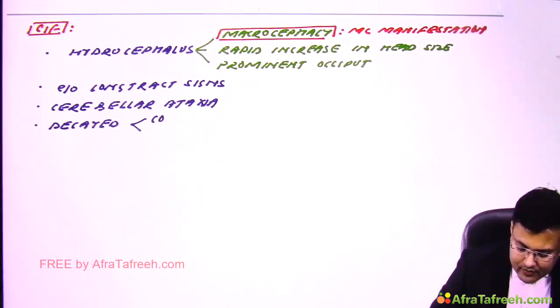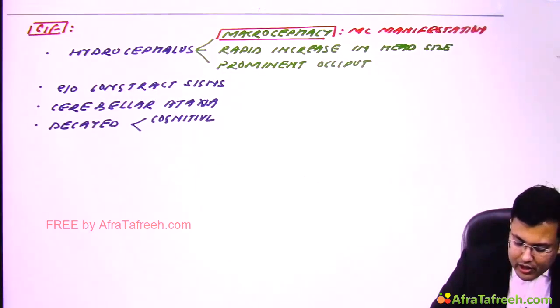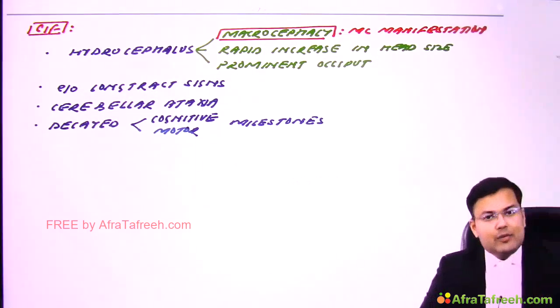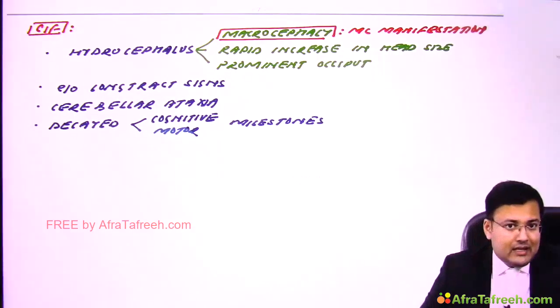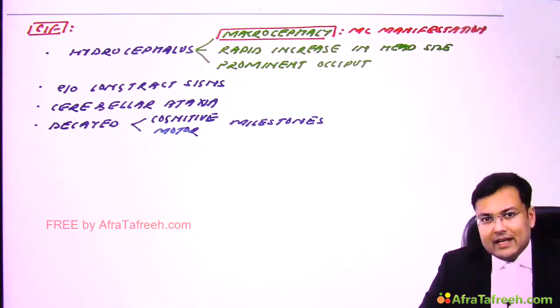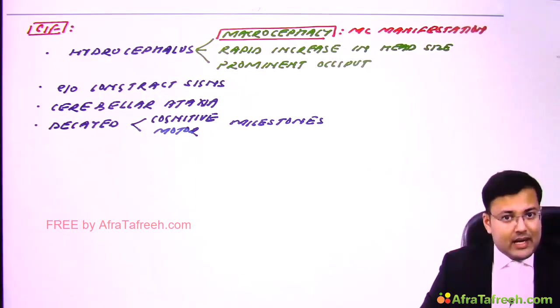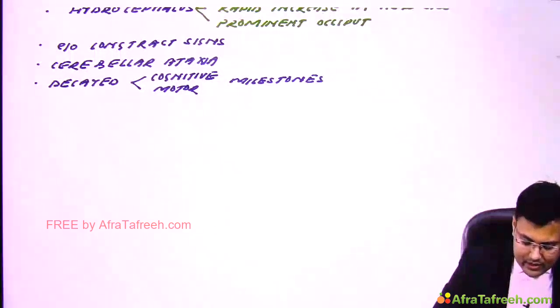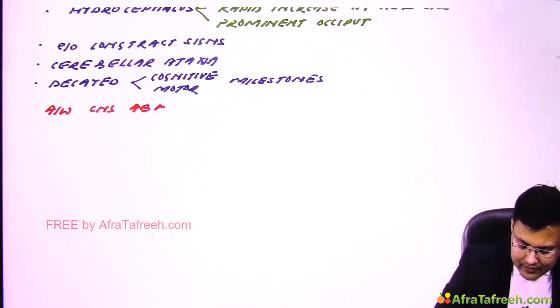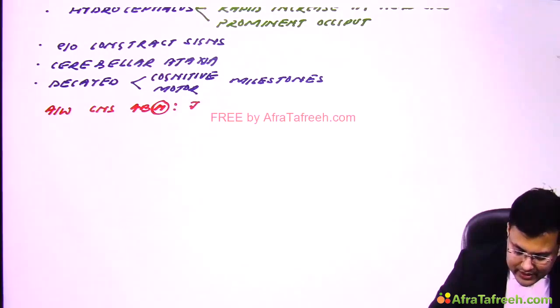Clear? In how many cases there is CNS abnormalities? In patients of Dandy-Walker's malformation, 70% patients have CNS abnormalities. So see, it is associated with CNS abnormalities. In how many patients? In 70% cases.